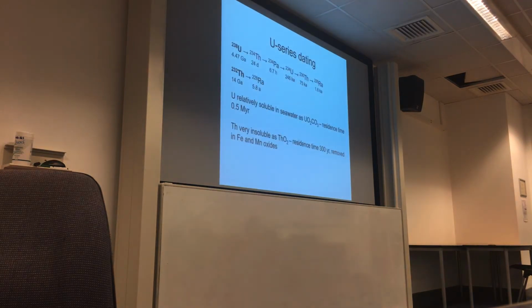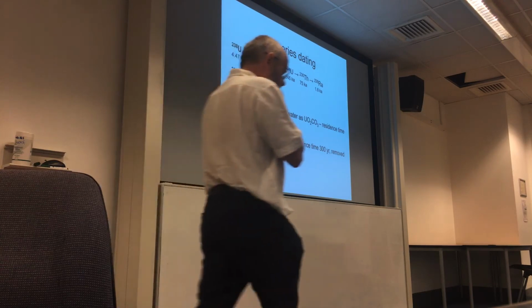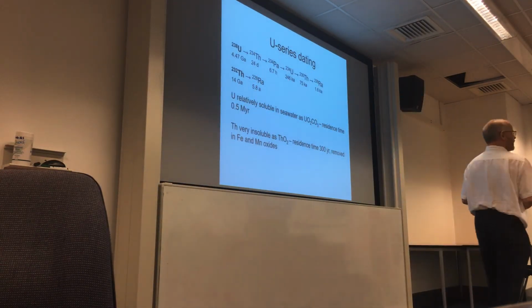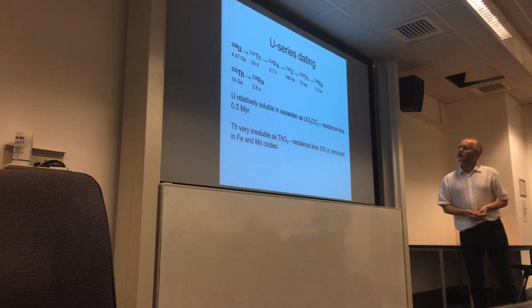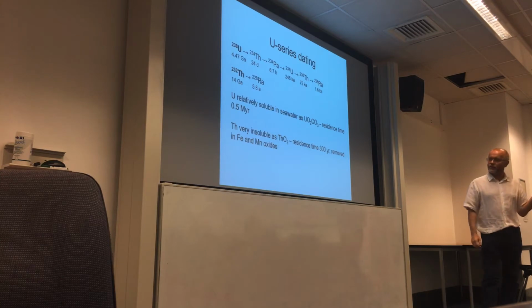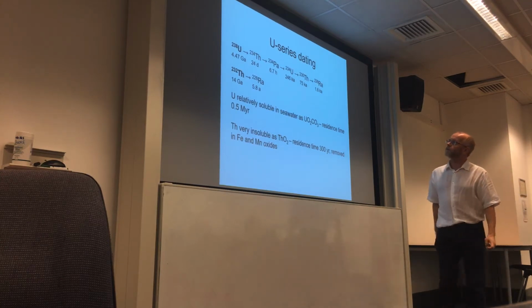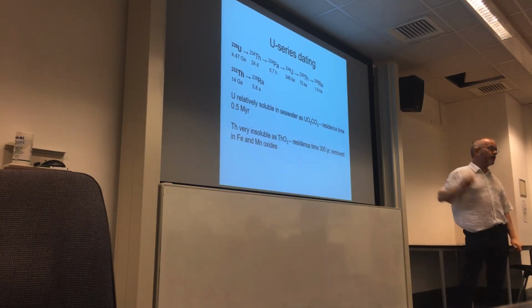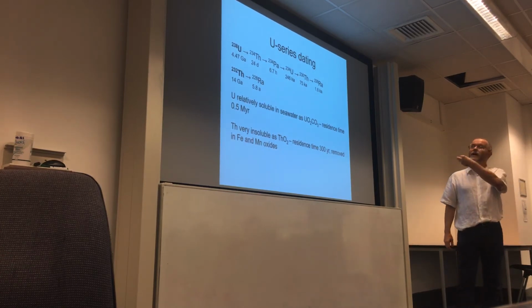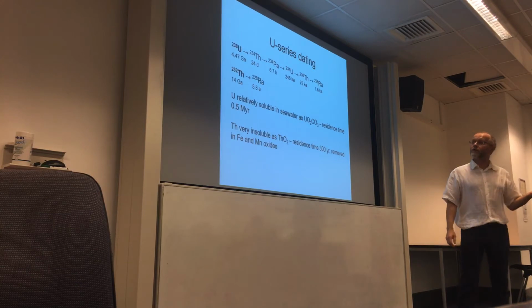Okay, so what else can we use uranium series dating for? We can also take advantage of the fact that there are these different geochemical states. We've talked about how uranium is relatively soluble in seawater as uranium carbonate. So let's say we've got some uranium-238 happily dissolved in seawater.